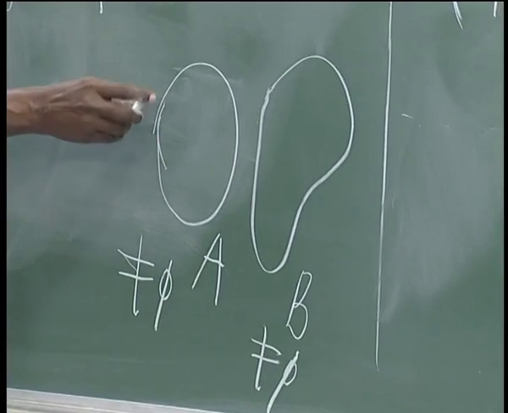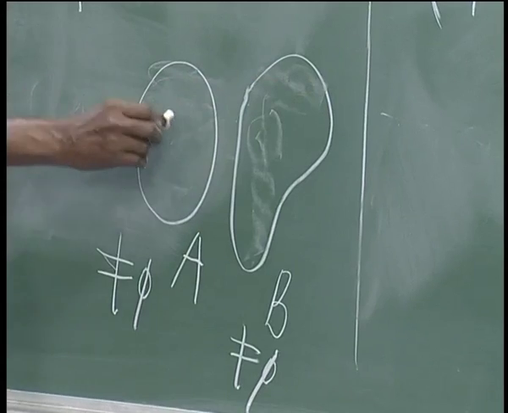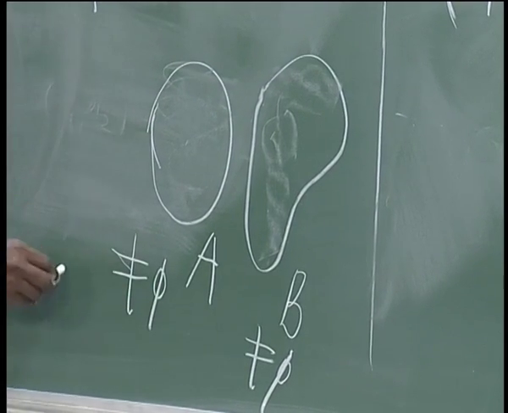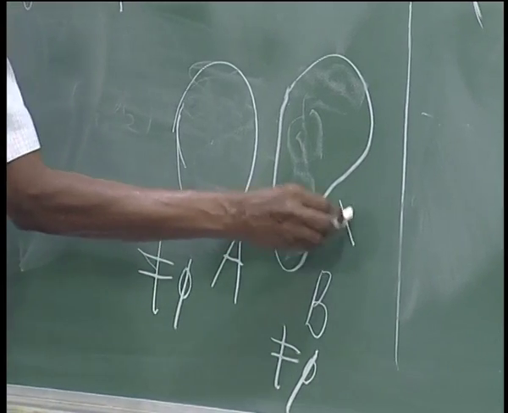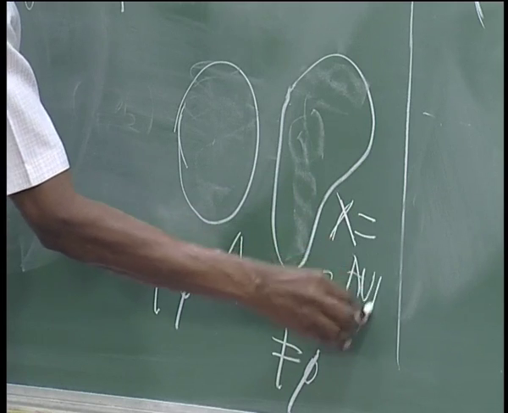Now the union of these two sets is X. So, X equals the union of A and B.